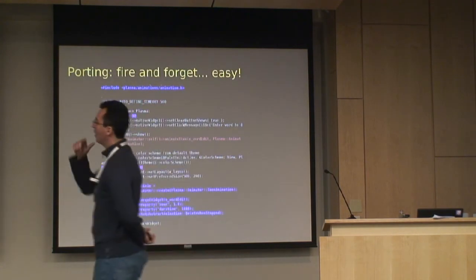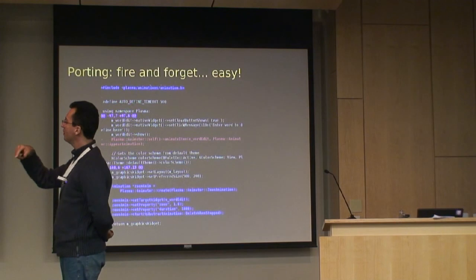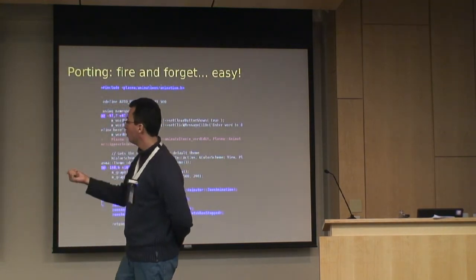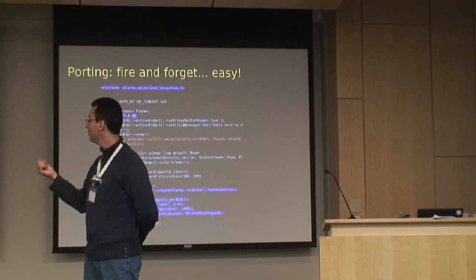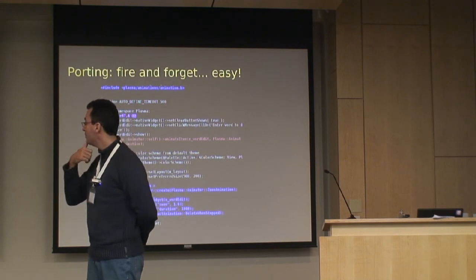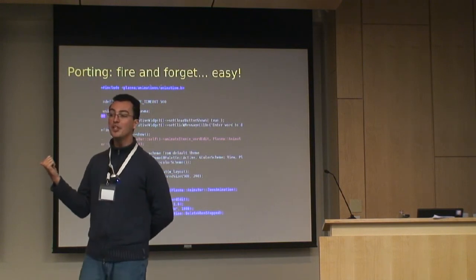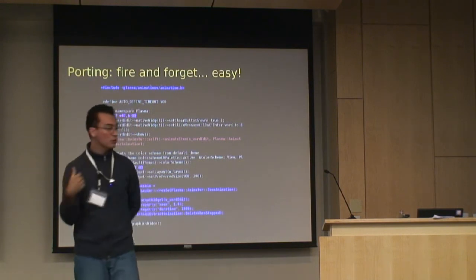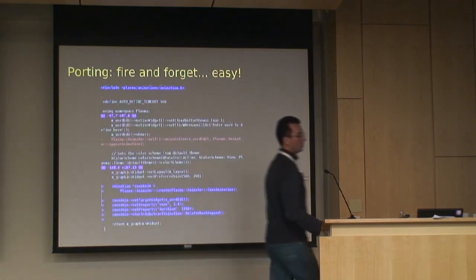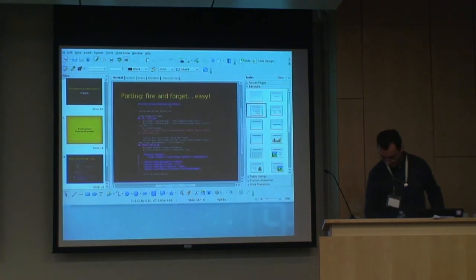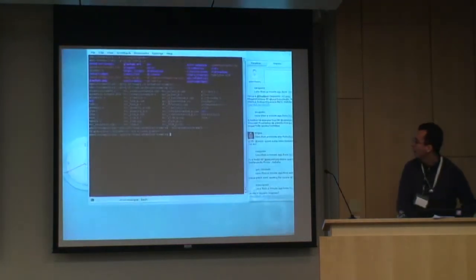The red lines are removed because they were using the old animator class, and the blue lines are added to have an animation. This source code is from the dictionary Plasma widget, and I'm going to show it actually running. Okay, I think we still have time.